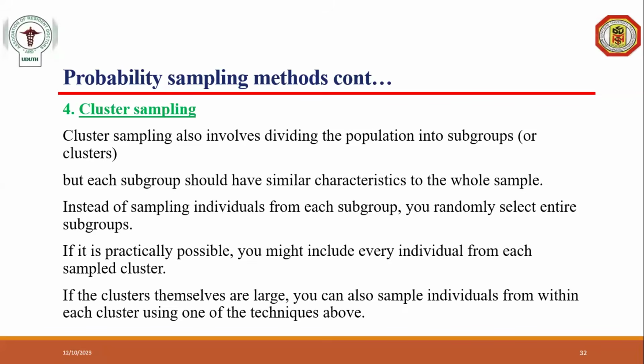So let's say we are identifying the cluster as villages that are close to each other and share similar characteristics. You say cluster 1 contains village 1 to 5. Cluster 2 contains this to this. Cluster 3, that's how you form your clusters. When you have your clusters, you then apply either simple random sampling or systematic sampling technique to select your sample from each and every cluster, as we have said in the stratified sampling technique.